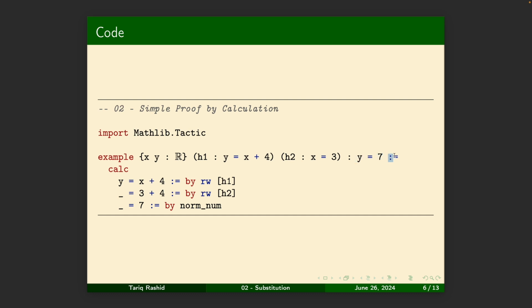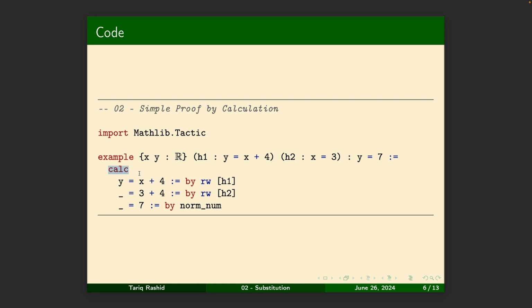And remember, this thing, colon equals, is a way of signalling that whatever's on the left is going to be proved on the right. So whatever came before is going to be proved by what came after. It's like a justification. And so all this is the proof of this theorem here. This is where the name would go, but we can just say example because we're not going to use it again later.